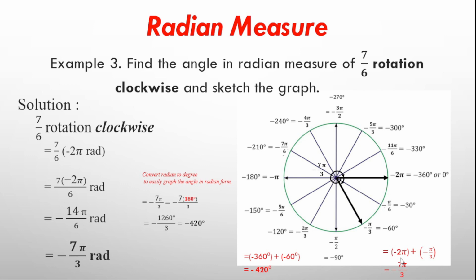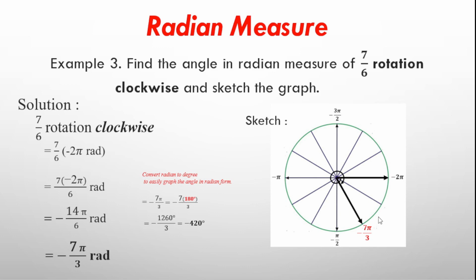Or in radian, negative 2 pi, one full rotation, plus the 60 degrees, it corresponds to negative pi over 3. So as we sum up now this one, it becomes negative 7 pi over 3. So the graph of the 7/6 rotation clockwise goes like this.